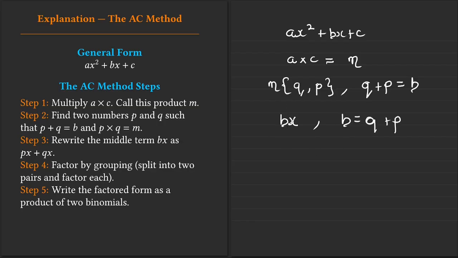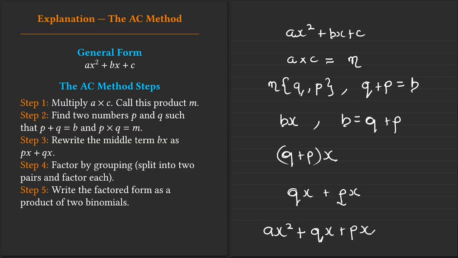So instead of the b here, we'll rewrite it as (q plus p)x. With that, the x distributes over these two, so that we have qx plus px. So we substitute all of this for the b, so that it becomes ax² plus qx plus px plus our c.